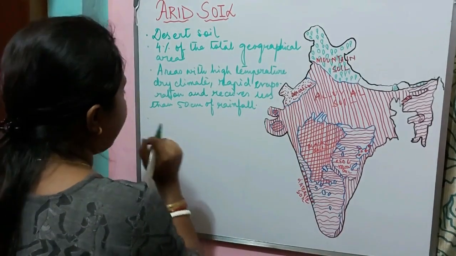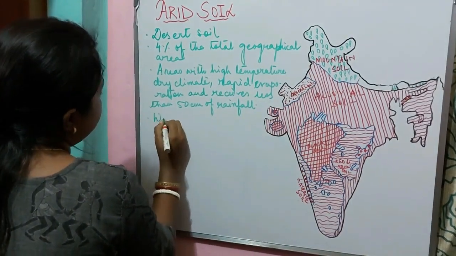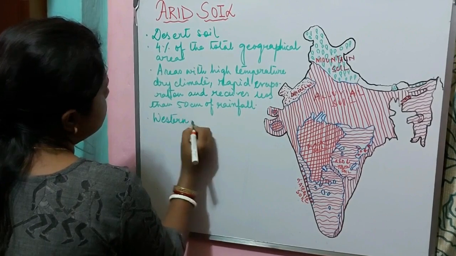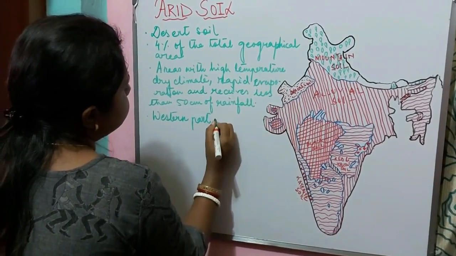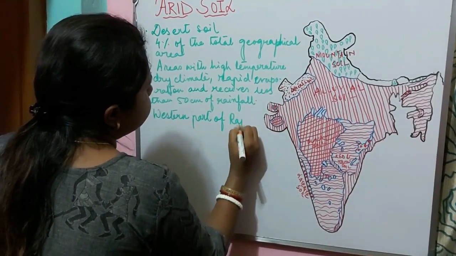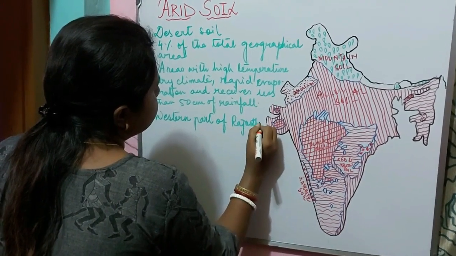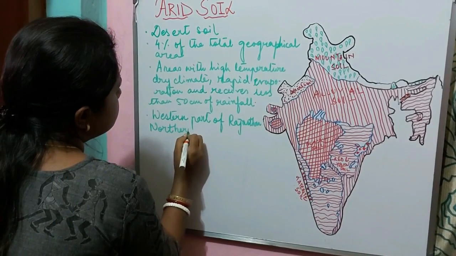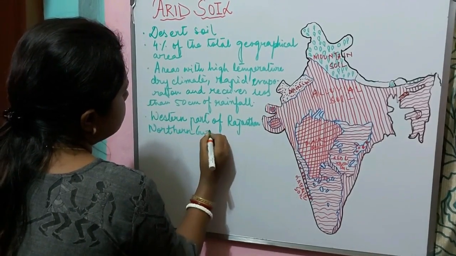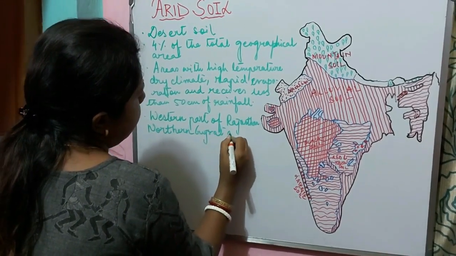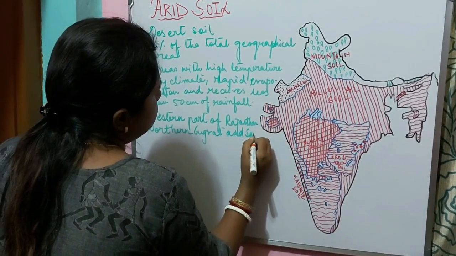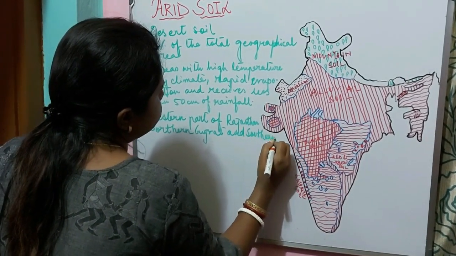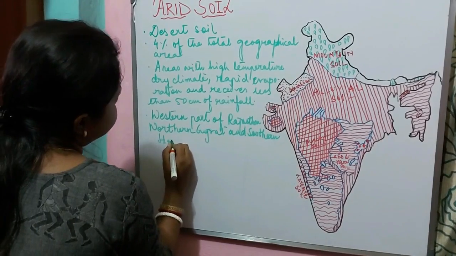So where can we find the arid soil? In the western part of Rajasthan, northern Gujarat, and southern Haryana.